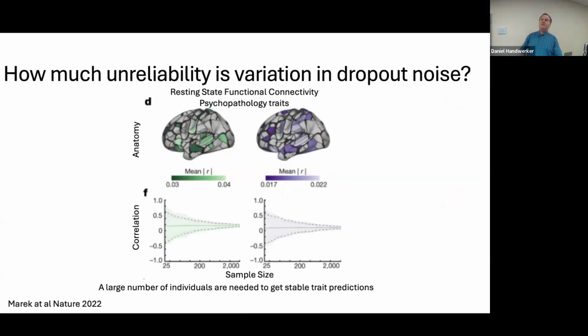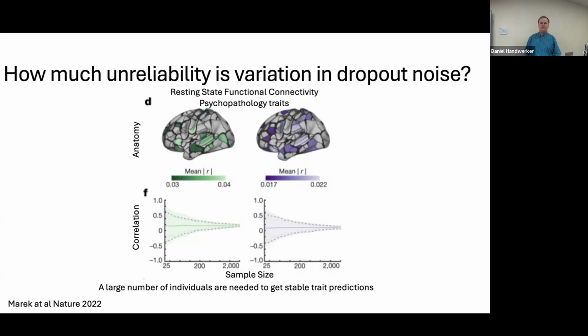And just to give an example of this dropout, this is fully speculation on my part, but this is a study that's been pretty prominent, so I think it's fun to speculate about prominent studies. This study was claiming that if you're doing these resting state connectivity measures, it takes thousands of subjects before we get a stable measure for behavioral trait measurements. In this case, they were looking at metrics of psychopathology traits.